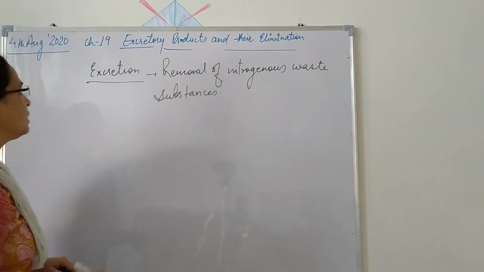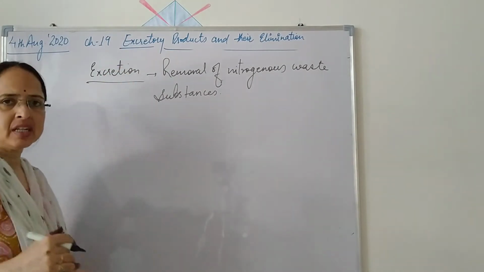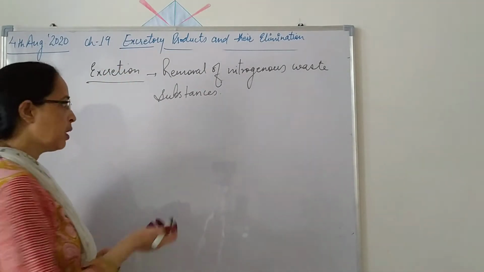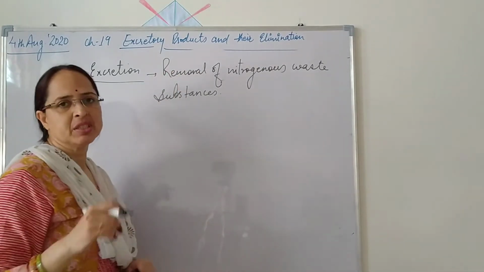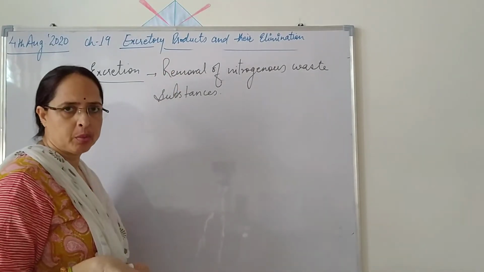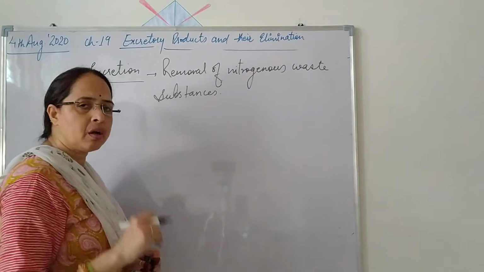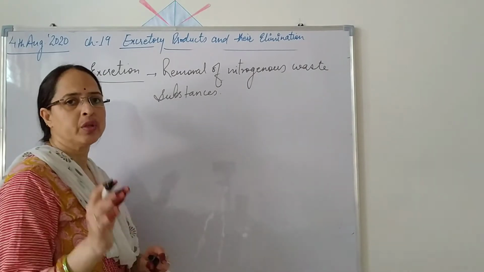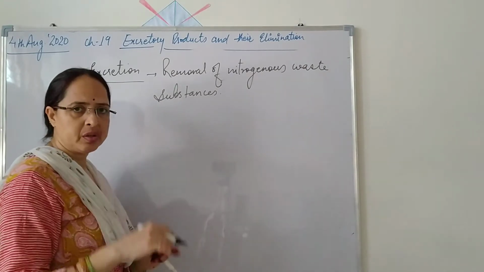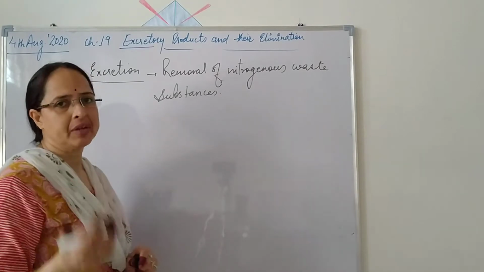It is not that easy to remove the nitrogen from the body. Nitrogenous compounds are released along with water. They are dissolved in water and in that form they are released.